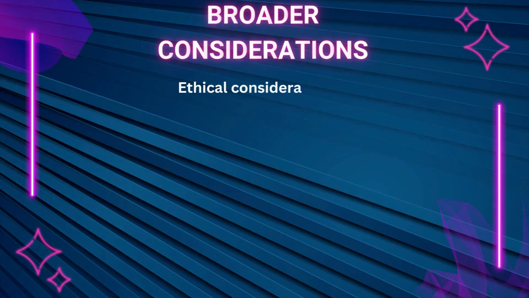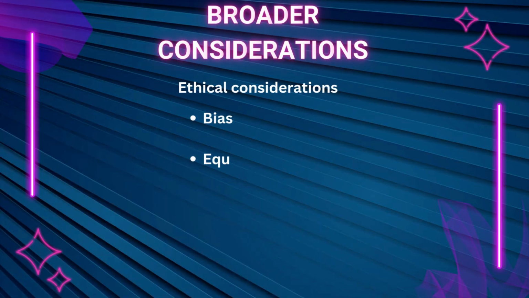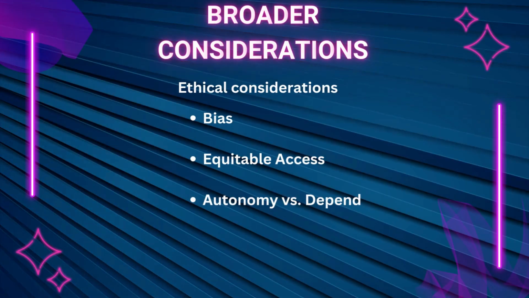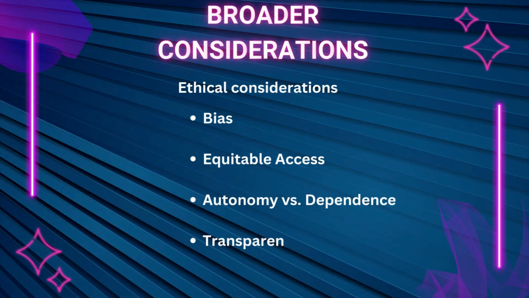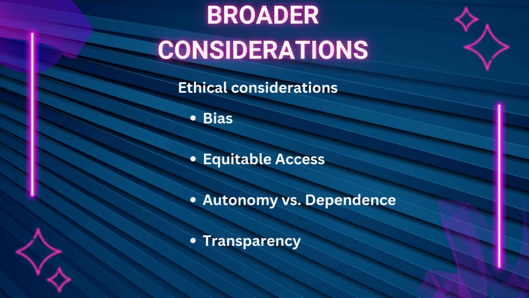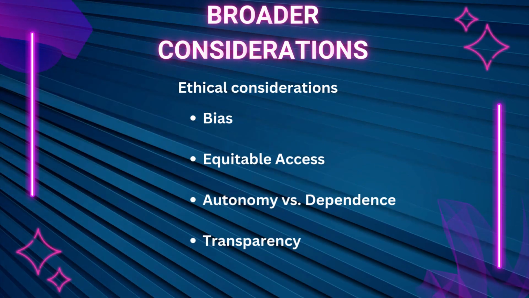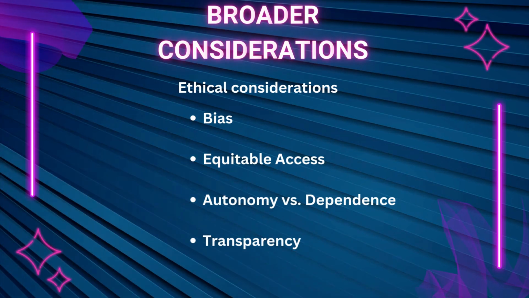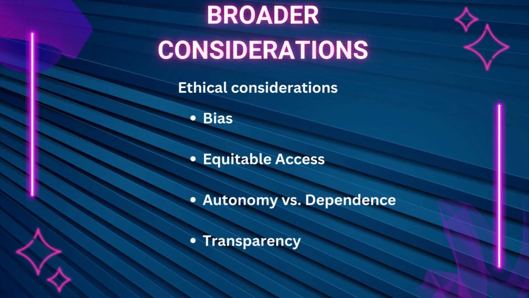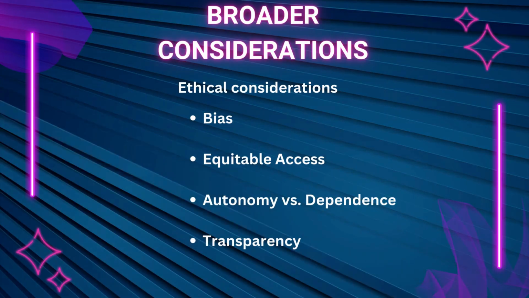We also wanted to talk about some of the broader considerations when thinking about AI for the present and in the near future. These include things like ethical, environmental, employment, and privacy concerns. In ethical, we have bias, equitable access, autonomy versus dependence, and transparency.